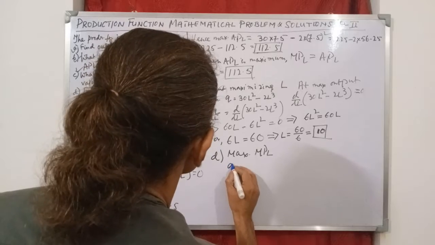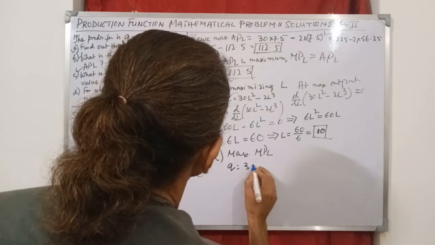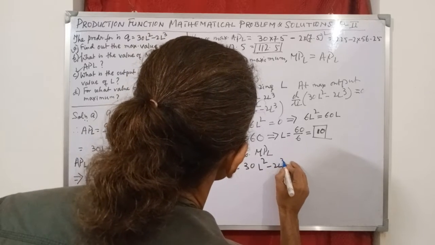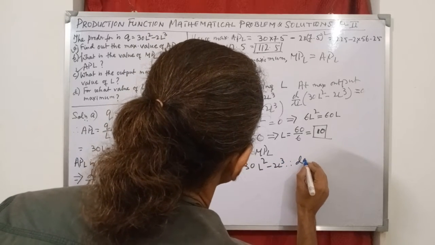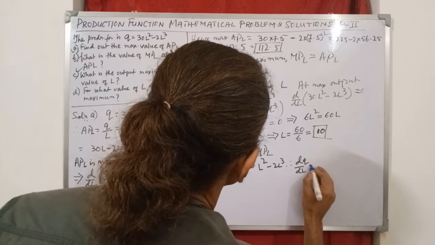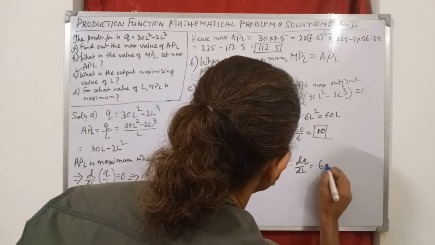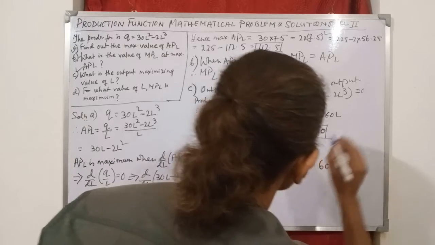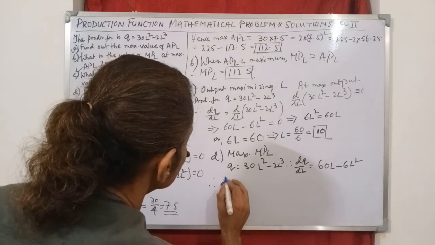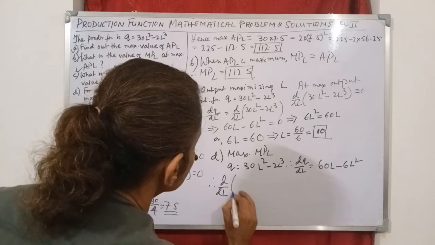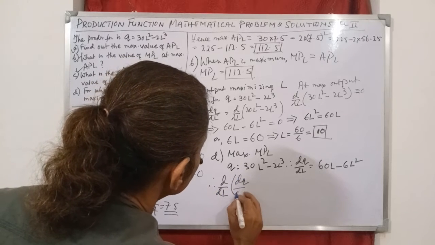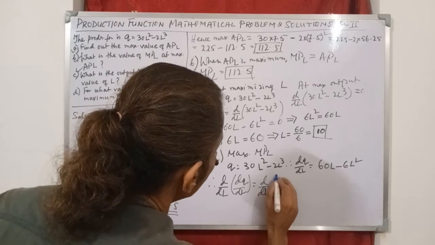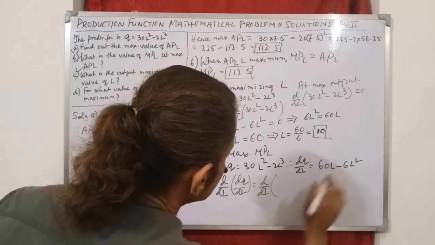Q equals 30L square minus 2L cube. Therefore dQ/dL equals 60L minus 6L square. Therefore d/dL of dQ/dL equals d/dL of 60L minus 6L square.